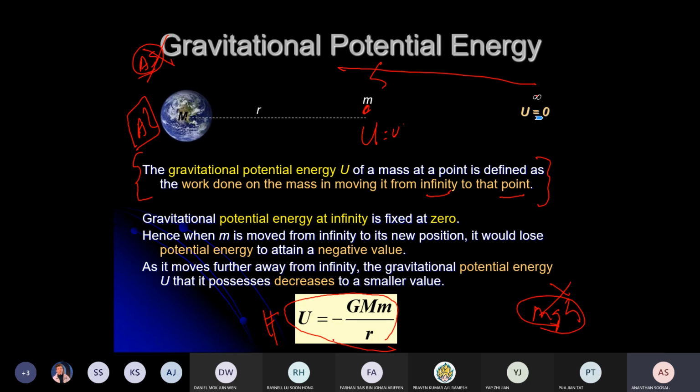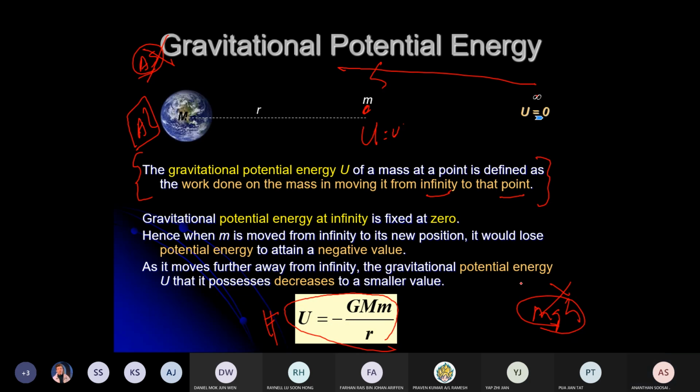So negative GMm over r. That means what? Is the gravitational potential energy you possess positive or negative? Do you possess a positive potential energy now or negative potential energy now? You have a negative gravitational potential energy. So far any questions?